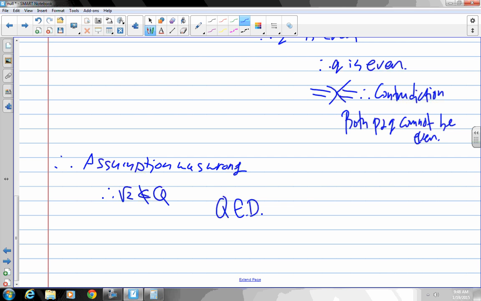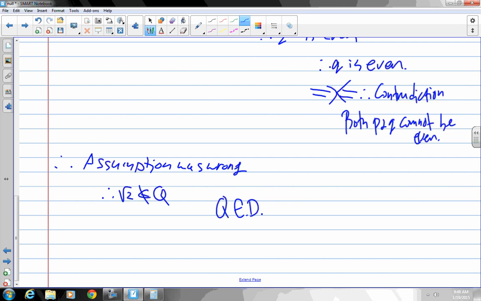P and Q are those two integers. And we said that there are many ways you can do that. Let's reduce them. So P and Q are reduced. And then we went through the proof, and we got to the point where both P and Q are even. They're both multiples of 2. That was our contradiction. That contradicted our ability to reduce fractions. Okay?